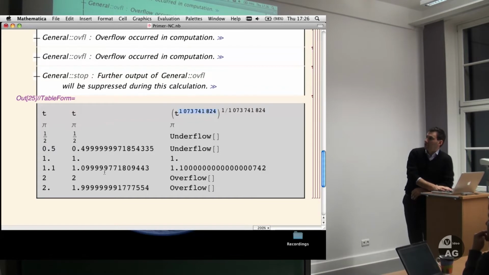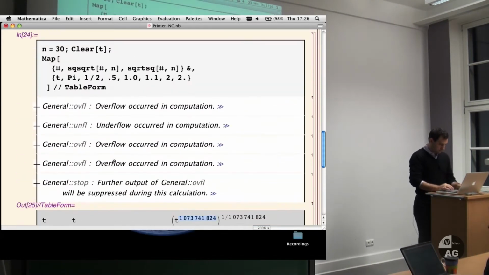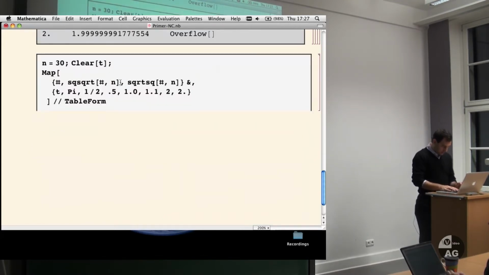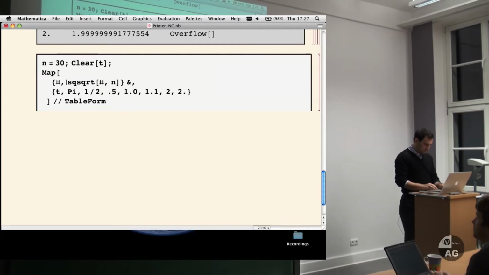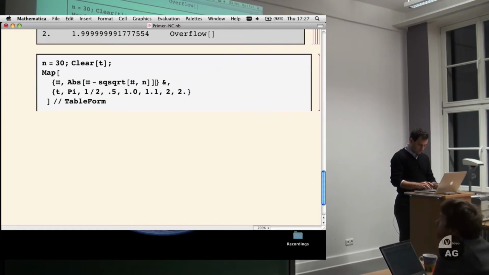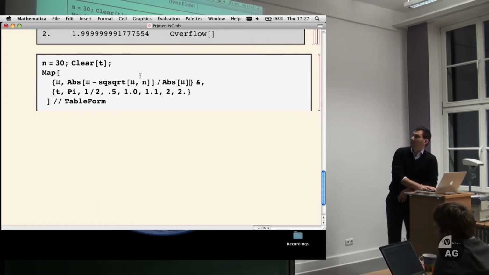Let's look at the accuracy of these numbers. So instead of, let's take this table, let's modify it a little bit. So let's forget about this part. And instead of computing that, let's compute the relative error.